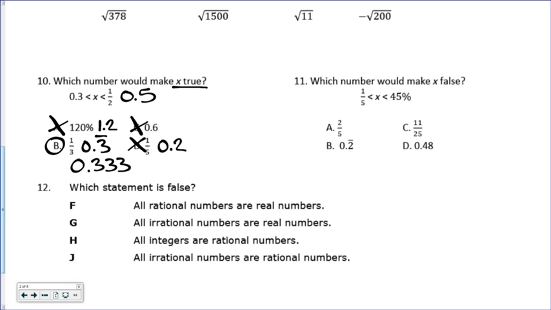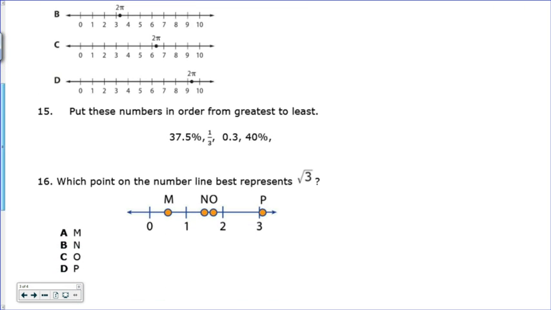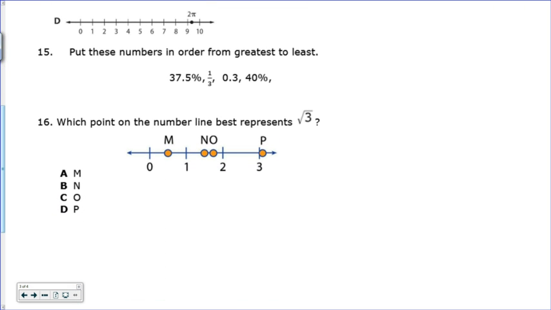And let's do number 16. Number 16, which point on the number line best represents the square root of 3? Square root of 3 is not a perfect square, so I need to figure out what's a little bit less and a little bit more.